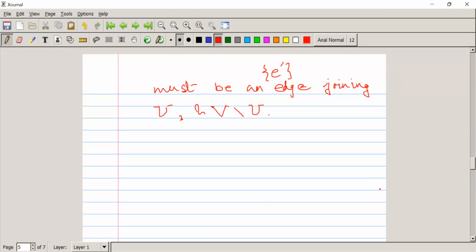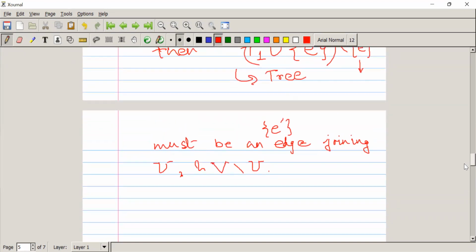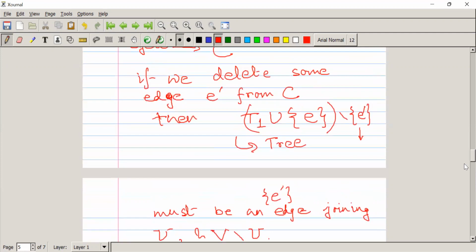But why will E prime be joining them, one in one part and another in another part? Actually, what I have written here is not actually true.